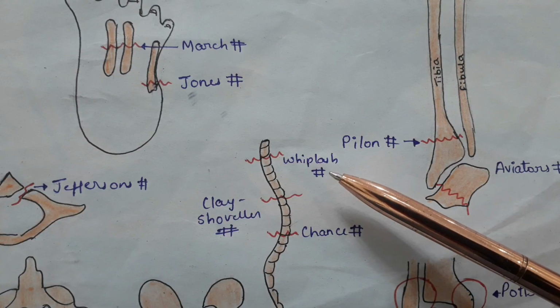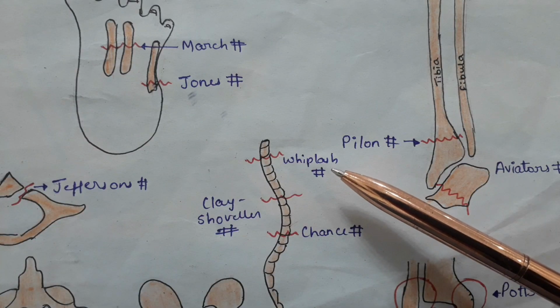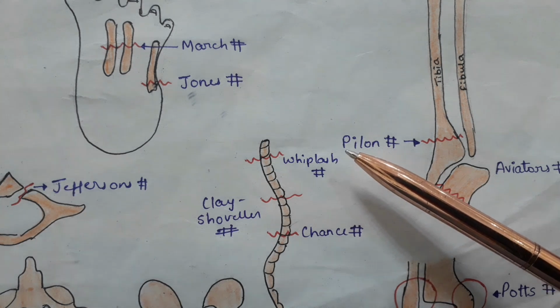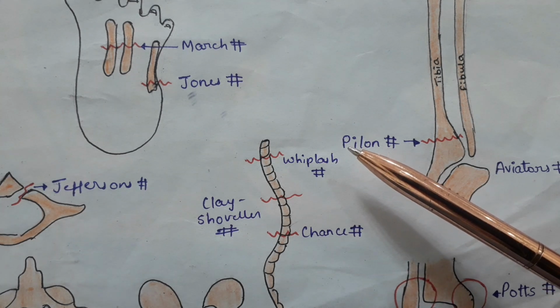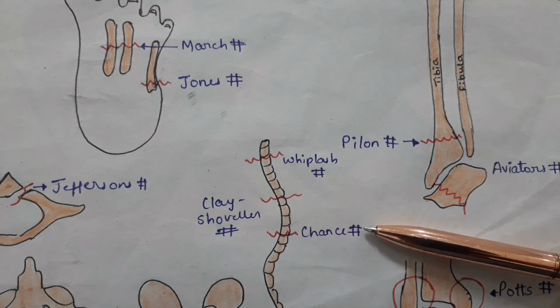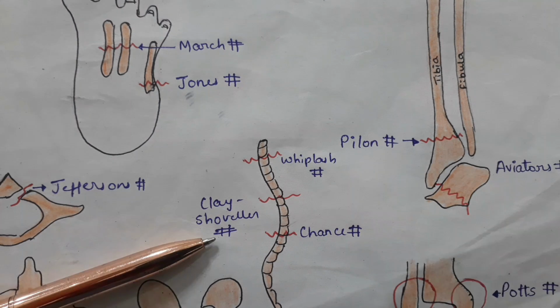Whiplash fracture or whiplash injury is a cervical spine injury where sudden flexion is followed by hyperextension. Chance fracture is also called the seat belt fracture. The fracture line runs horizontally through the body of the vertebra, through and through to the posterior elements.